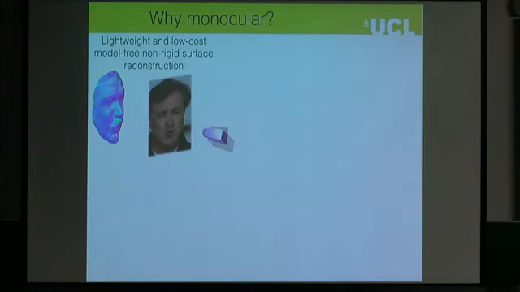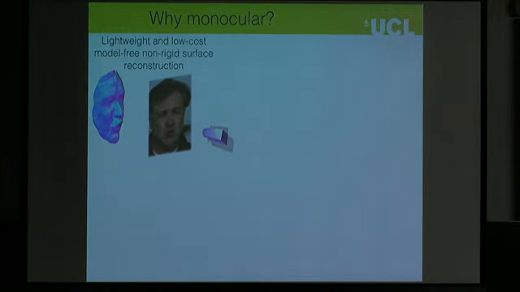So what I'm going to focus on today is a few different problems that are going to tackle all of these challenges, and I guess I'll show you that we're one step maybe closer to commoditization. So the first thing that I'm going to show you is a lightweight and low-cost method to do model-free 3D reconstruction of non-rigid surfaces just from a monocular video sequence.